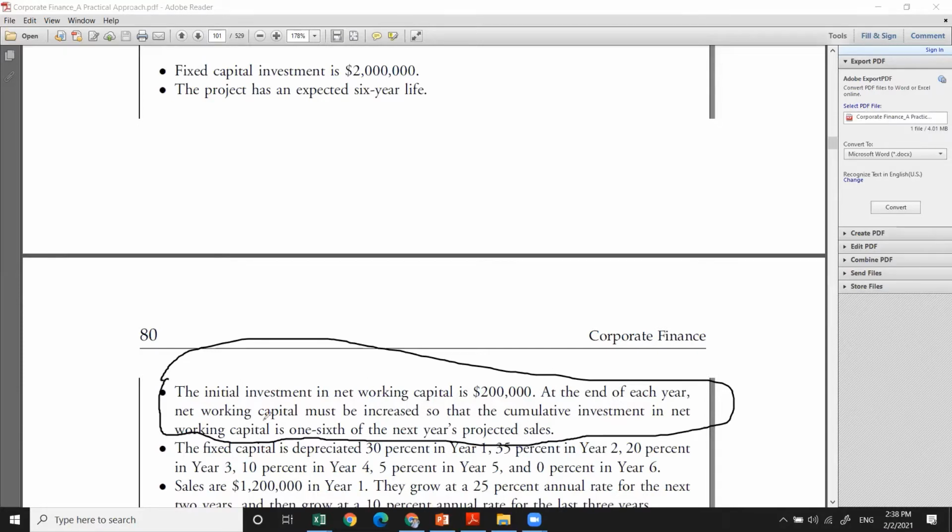At the end of each year, the net working capital must be increased so that the cumulative investment in net working capital is 1/6 of the next year's projected sales. So 1/6 of the next year's sales, okay, the cumulative one. This is how we're going to estimate it now.